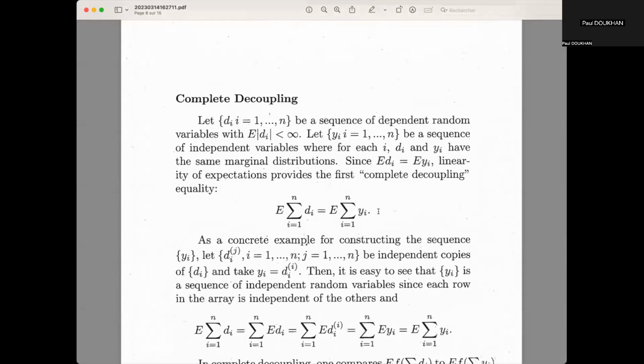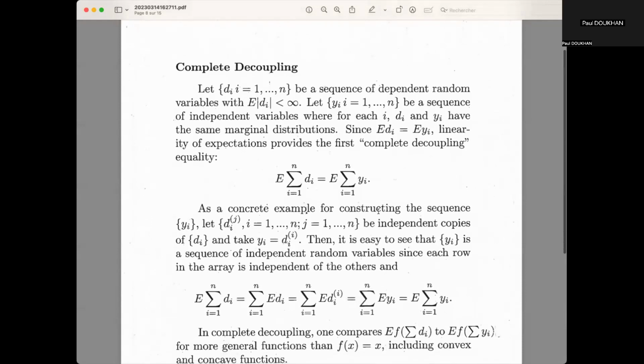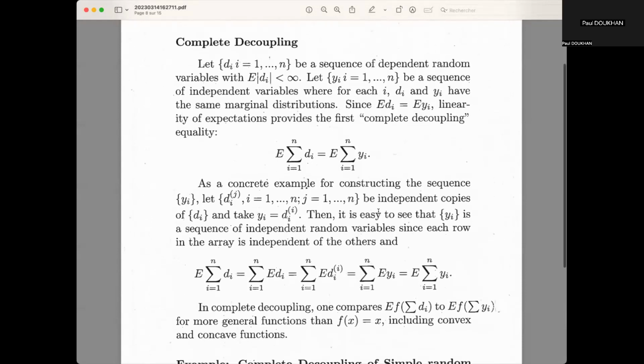Now, one thing that you should know, or I don't know if you know, is Hoeffding's inequality. Hoeffding's inequality tells you that if you have a convex function and you take an expectation of the sum of a sampling without replacement, that is bounded by the expectation of the convex function of a sum of independent variables. You can also decouple that.